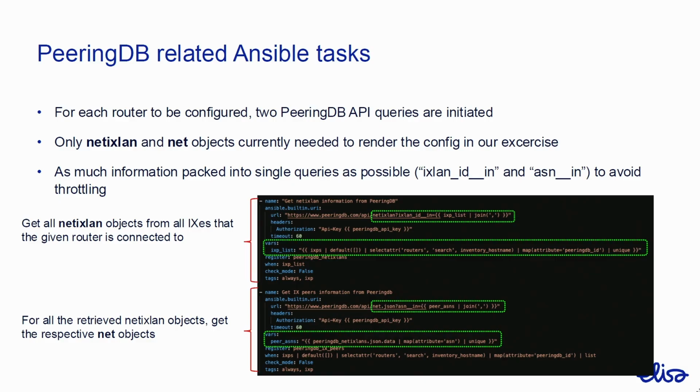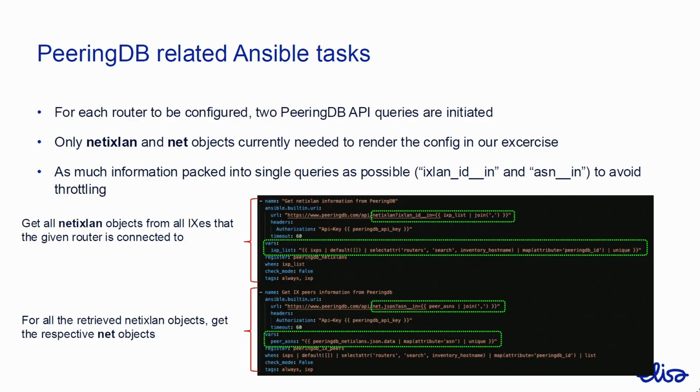So we pack all the IXs for that given router into a single list, and then we feed that list to the uppermost green dashed square, to an API query that gets all netixlan objects for those IXs. So basically we get a list of all potential peers for a given router.